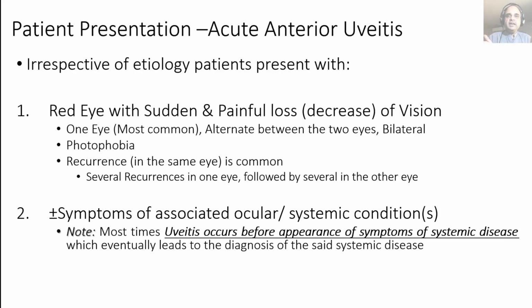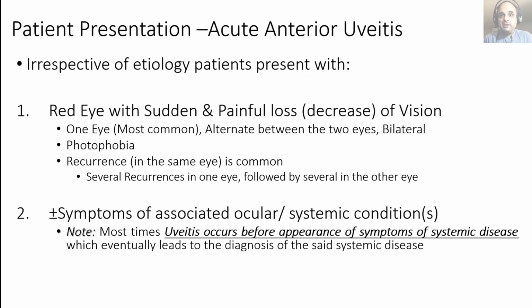But just like with diabetic retinopathy, in which the diagnosis of diabetes was established in an eye clinic, the diagnosis of a systemic association usually begins in an eye clinic because the uveitis presents before the systemic disease presents. And the said systemic disease is then diagnosed later, simply because if you are a good ophthalmologist, you are alert and you can tell the patient, oh, you might have another association, so go see a rheumatologist as well.